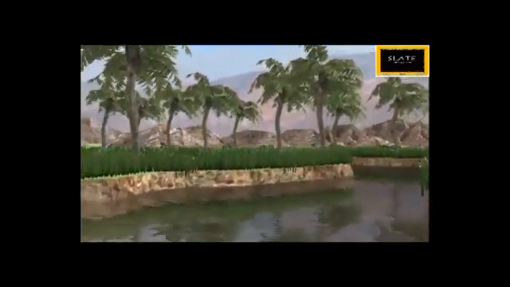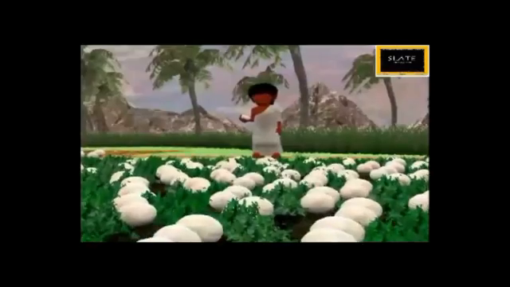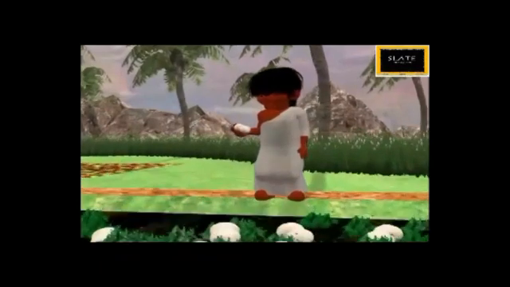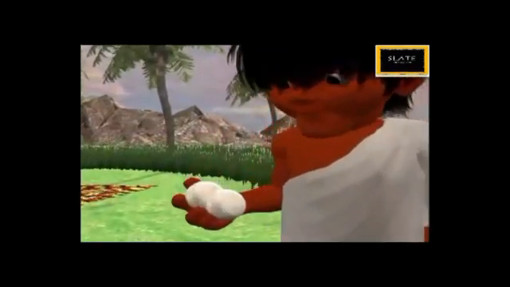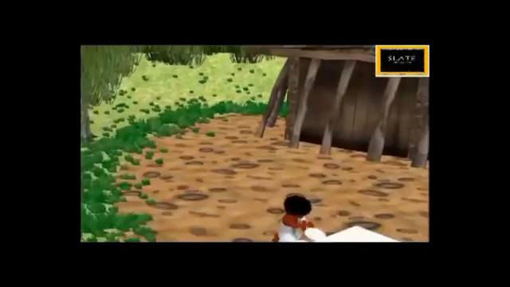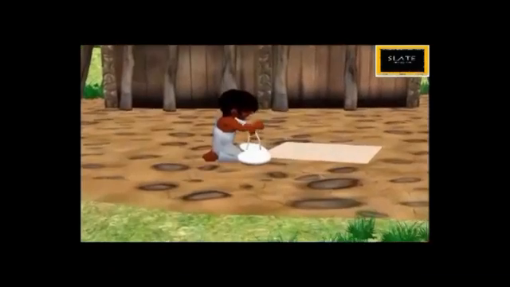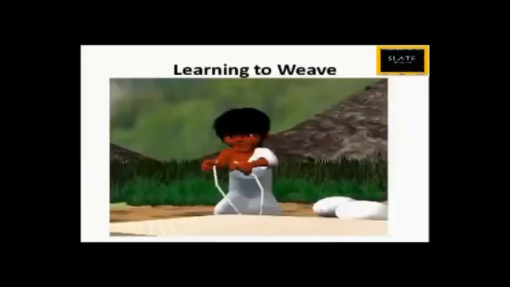Gradually, people learned about agriculture. They learned how to grow plants like cotton. Slowly, they also learned to weave the twigs and grass into mats and baskets. They learned to make yarn out of animal fleece by twisting together into long strands.